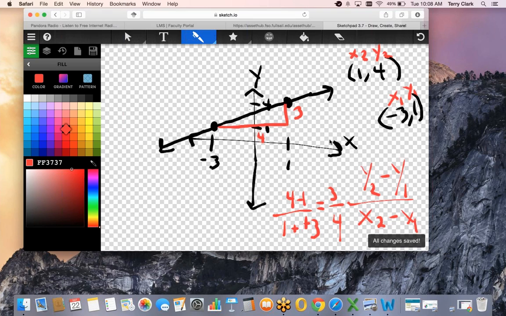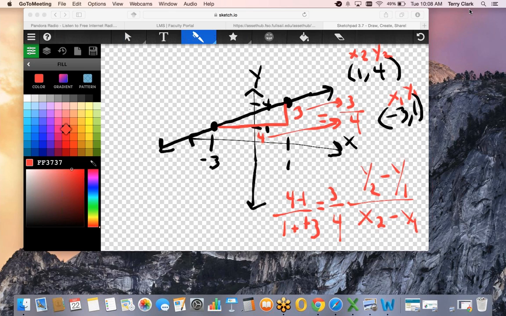So I can see my slope there too, which becomes 3 over 4. So that's our slope as well, 3 over 4.